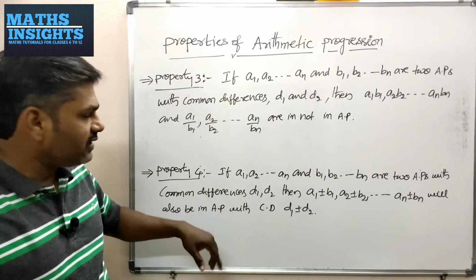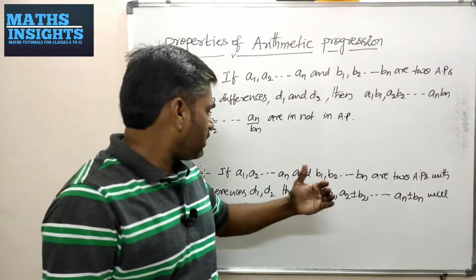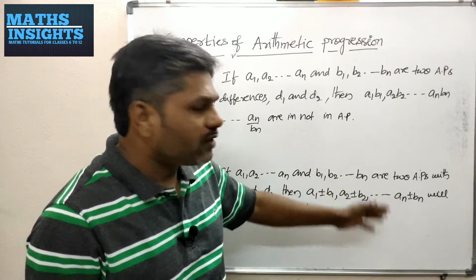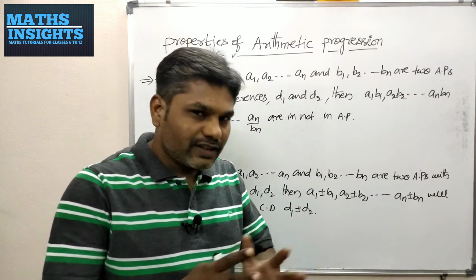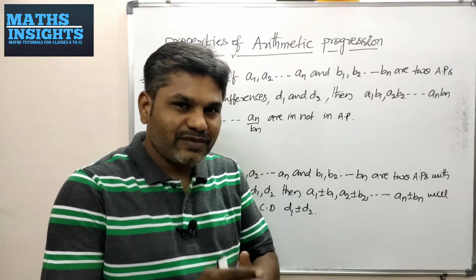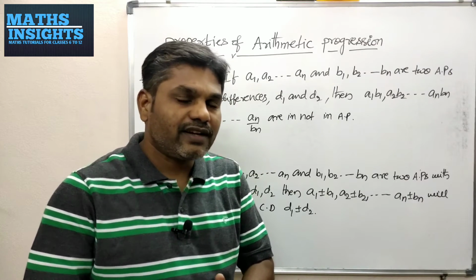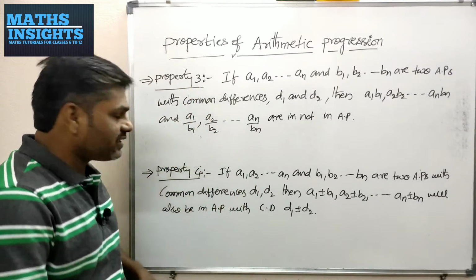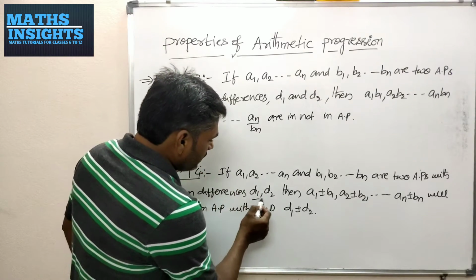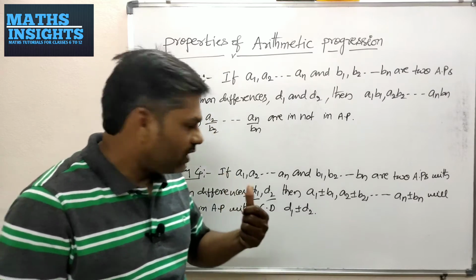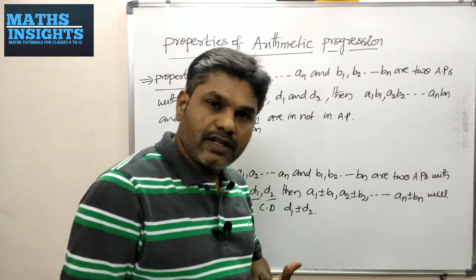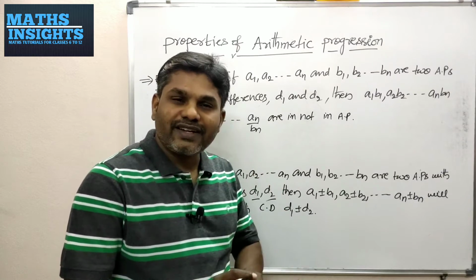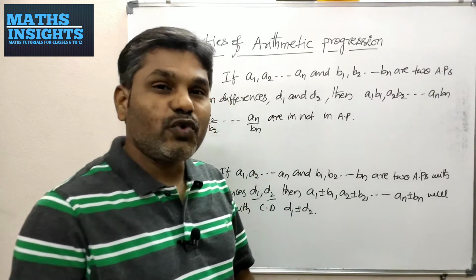What this property says is that if A1, A2 and so on AN and B1, B2 and so on BN are two arithmetic progressions, and their common differences are different, the first common difference being D1 and the second being D2, then I am adding or subtracting the corresponding terms of the two APs.